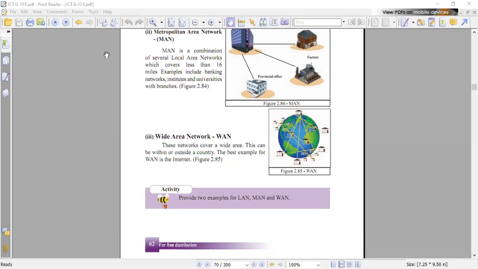Cables and satellites are used to connect this type of network. Internet is an example for this.